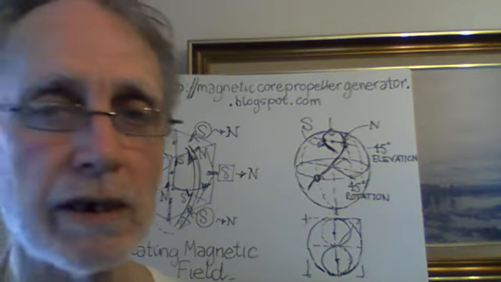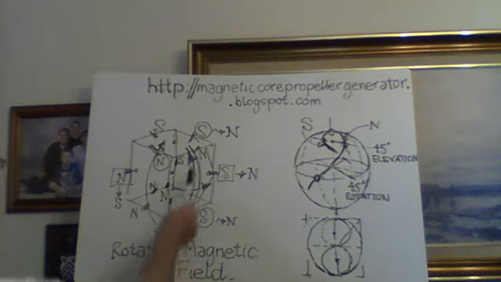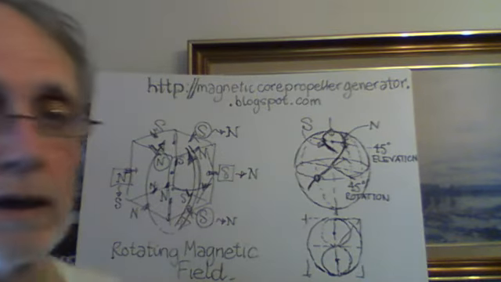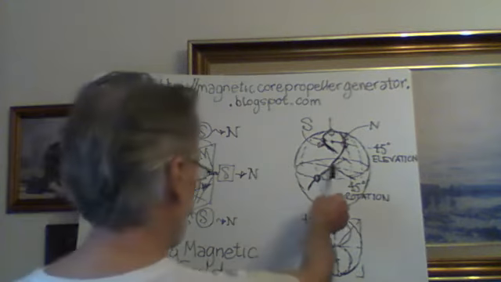So, considering the placement of the 12 electromagnets, here they are, like this, at the midpoints of a cube, whose center is there, which is the center of the core.